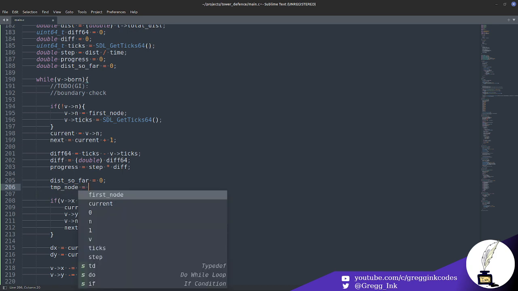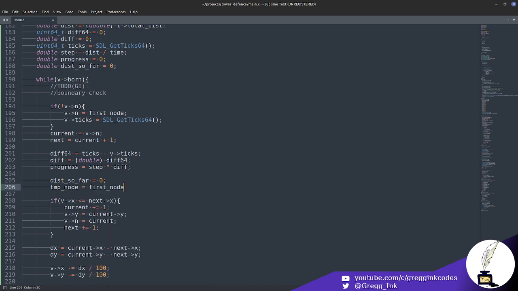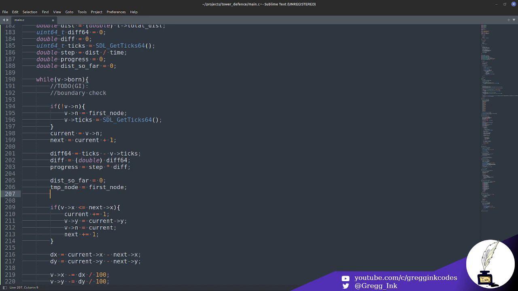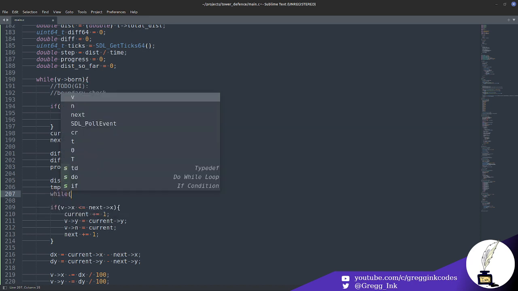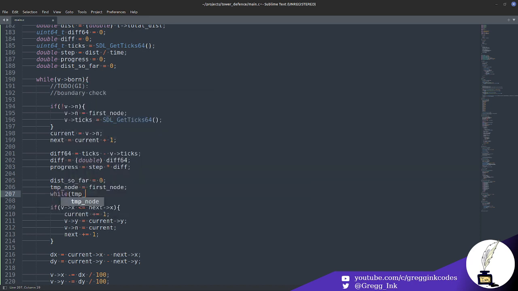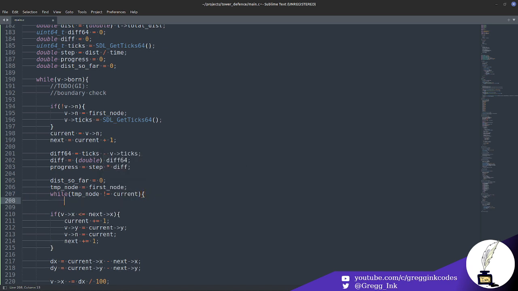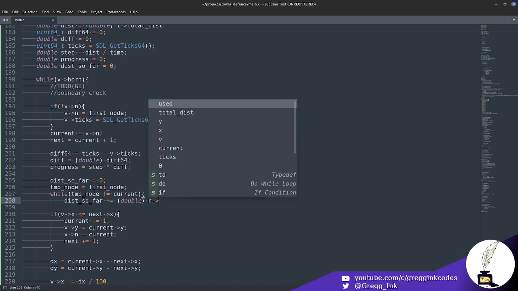TMP node equals first node, and then while TMP node not equal current, this so far was equal and dist.